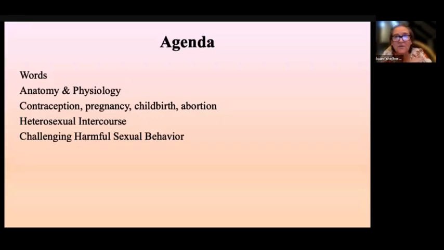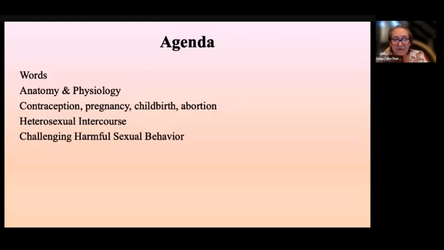So I'm going to tell you right now that the next slide is words, just a whole page of words that are sometimes used in describing human sexuality. And in a few slides, I also have some anatomy slides. These are drawings of the female reproductive organs and of the male reproductive organs.